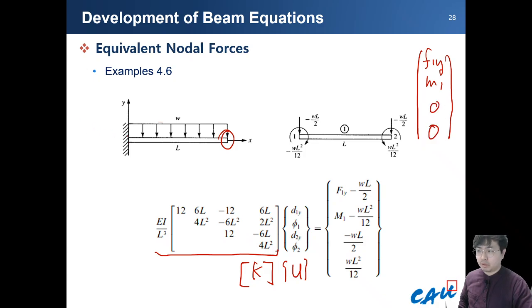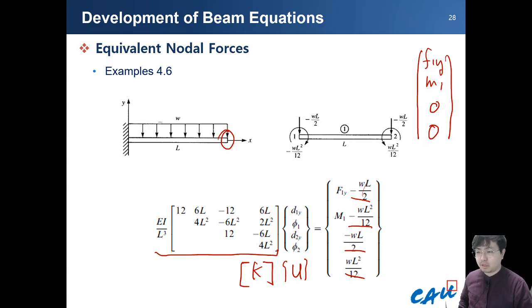However, in here there is a reaction in the y direction and a reaction moment. But due to the distributed forces, we change them to equivalent forces, so you can add the forces.